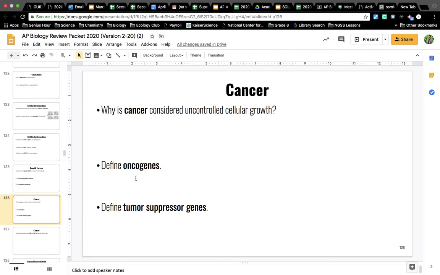Now, oncogenes are normal genes that have been transformed to become genes that promote cancer. So these are normal genes that have suffered some sort of mutation, either through some environmental reason, like smoking, or just through age. These are genes that become transformed and promote cancer.